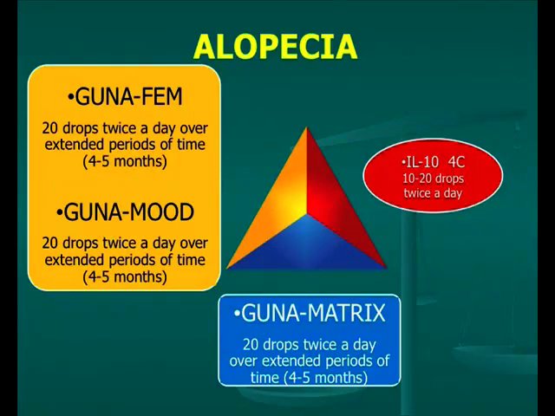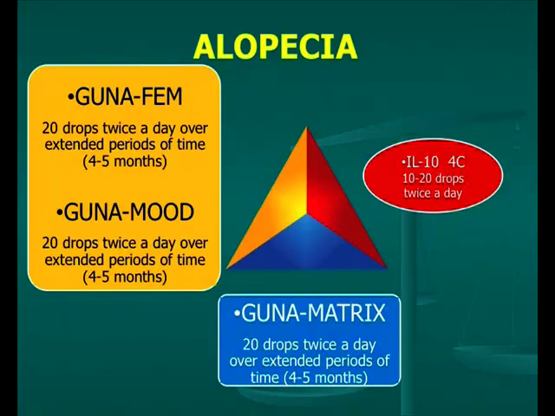We then have to work on the connective tissue, therefore Gunamatrix, which we combine with Gunamud, because among other things Gunamatrix, let's not forget, contains some small quantities of dehydroepiandrosterone, DHEA, which has an important effect on depression.